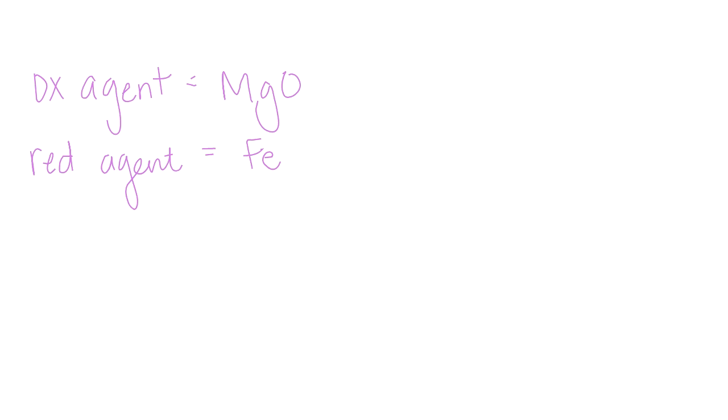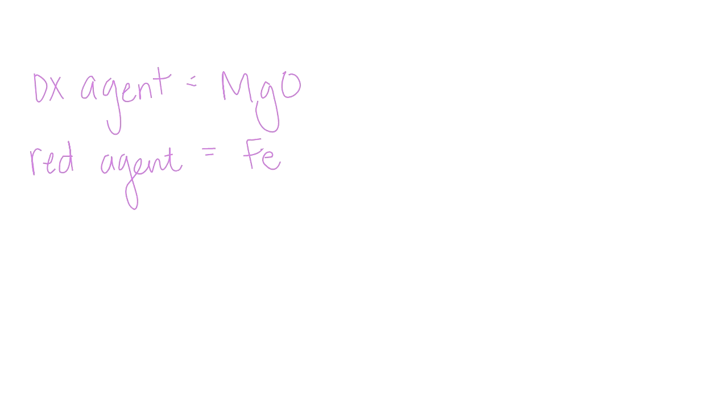So now that we have that little review, we're going to take a look at some other types of redox reactions that are a little bit more complex than what you did in Chem 1. In Chem 1, you did examples like we just did with the magnesium oxide and the iron, very straightforward, not a whole lot going on, but this is Chem 2.